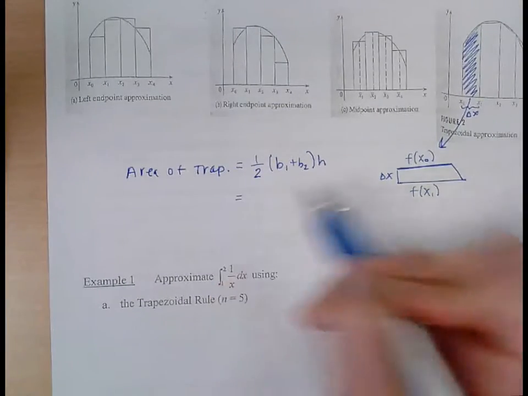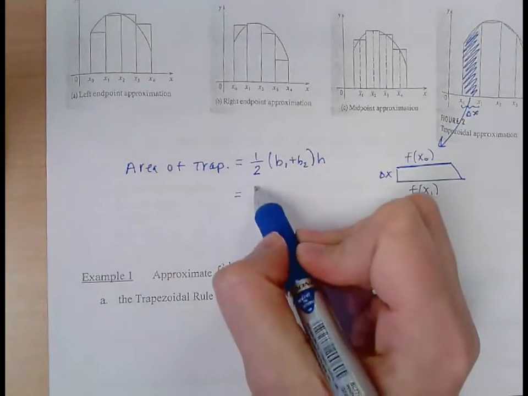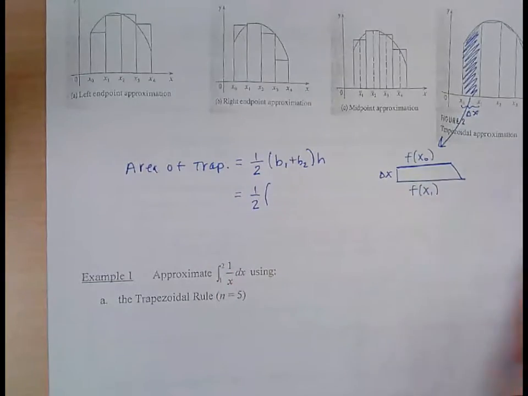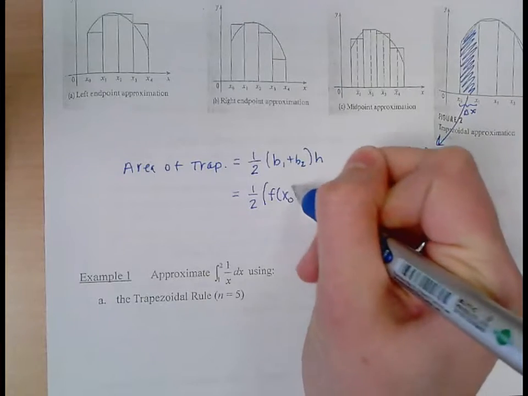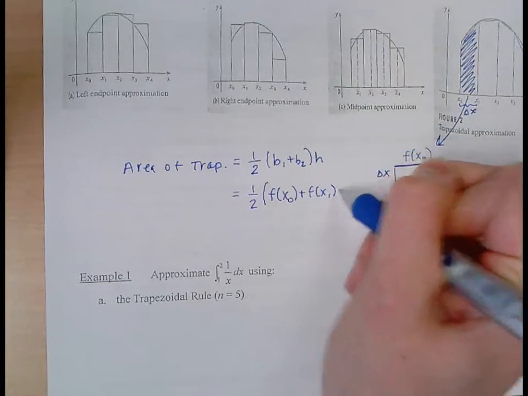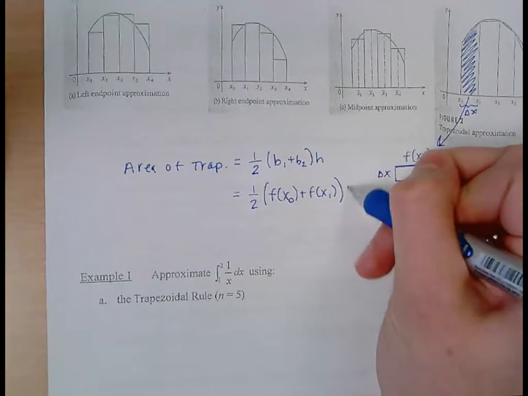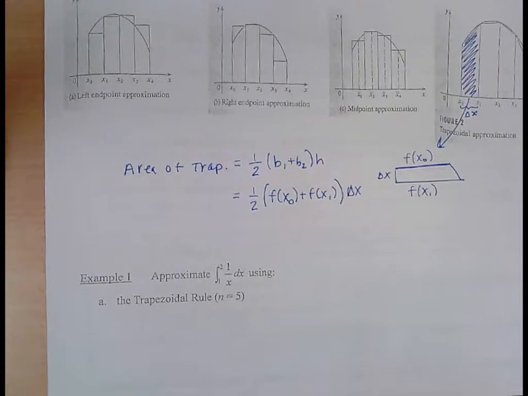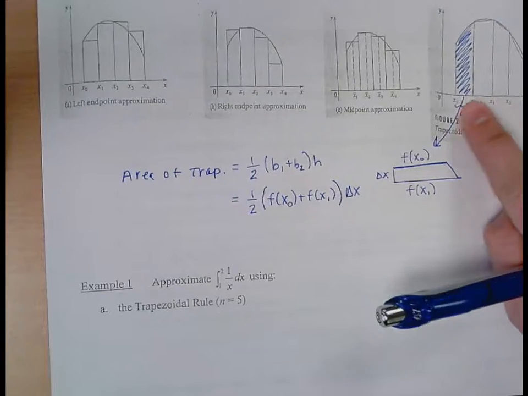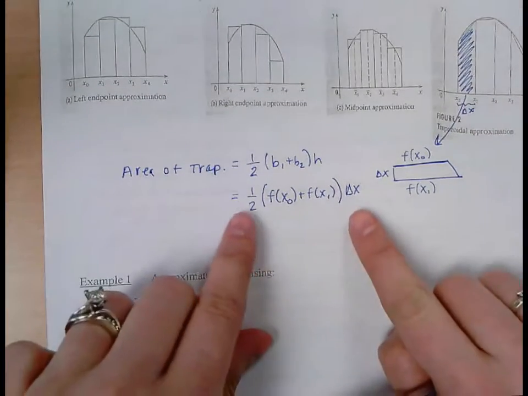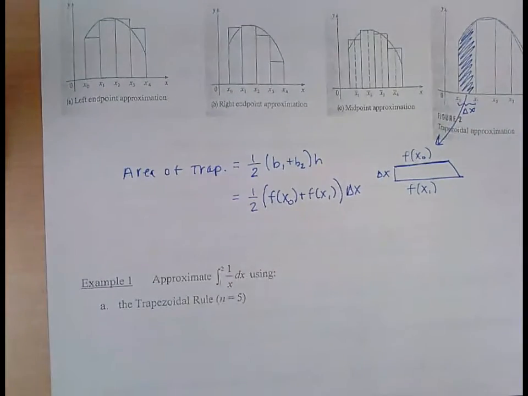So you have 1/2 times the sum of your bases, f of x sub 0 plus f of x sub 1, times your height, which is delta x. That would be the area of your first trapezoid, and you would do that for every single one. That is the reasoning behind the formula we came up with.